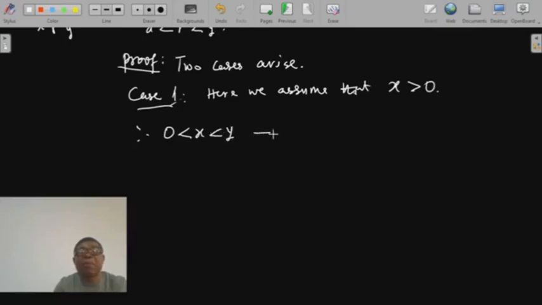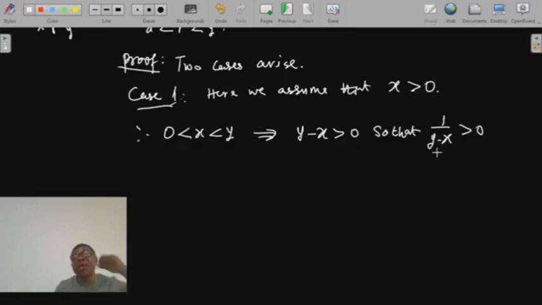And this will imply that y minus x is bigger than 0, so that 1 over y minus x is bigger than 0, and 1 over y minus x is a real number.